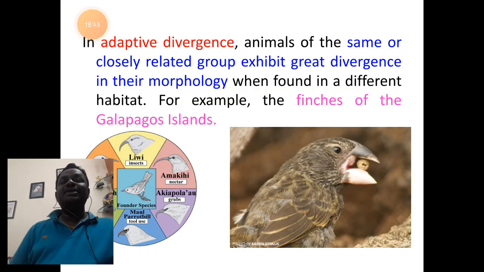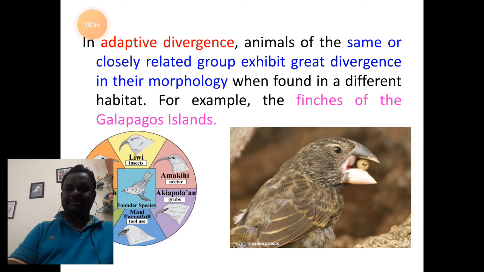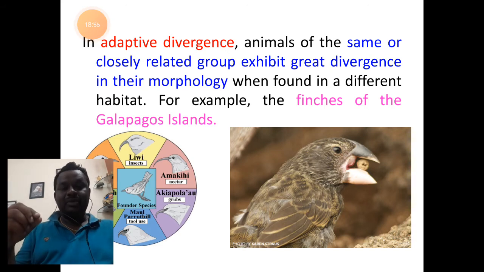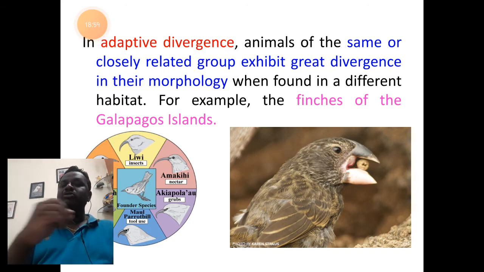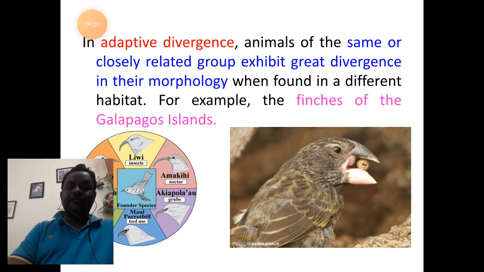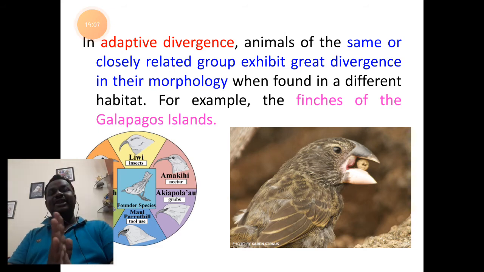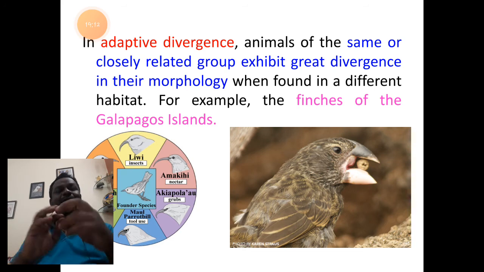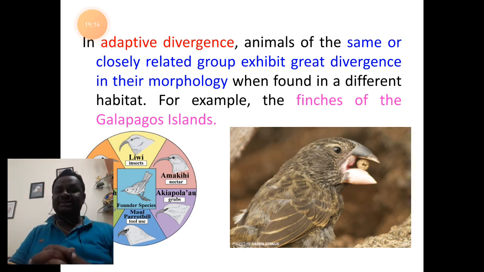An example related to adaptive divergence is the finches of Galapagos Islands described by Darwin. Here, the ancestral form of the species is the founder species, which is a seed eater. This variety, when entered into different feeding habitats, environments, started to develop different kinds of beaks.